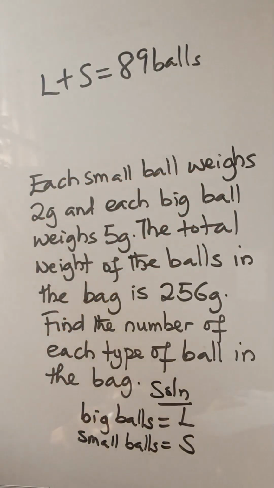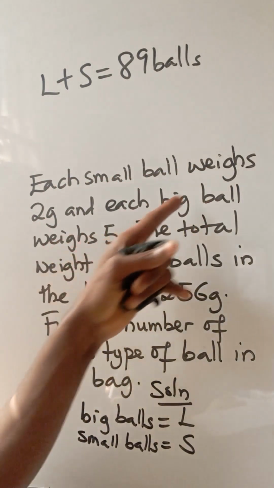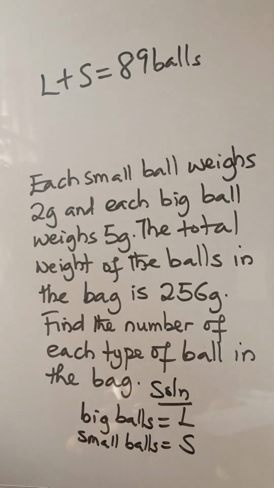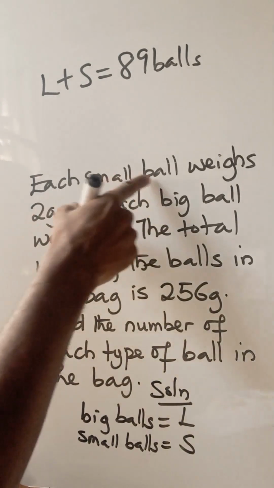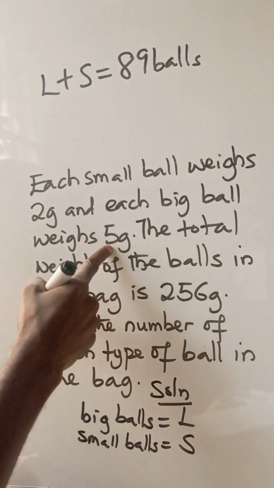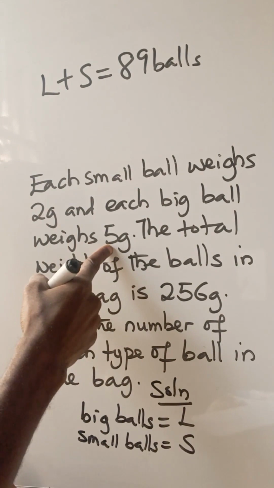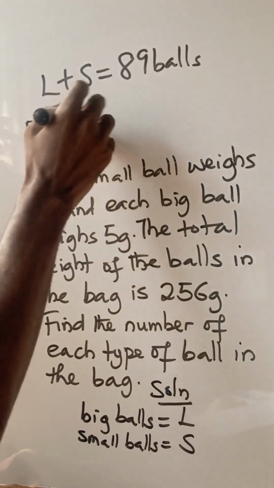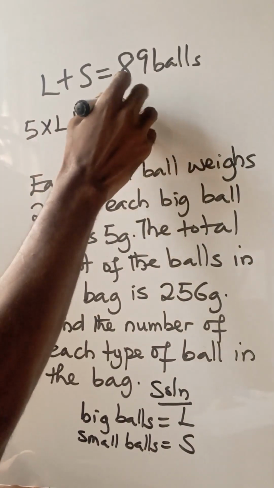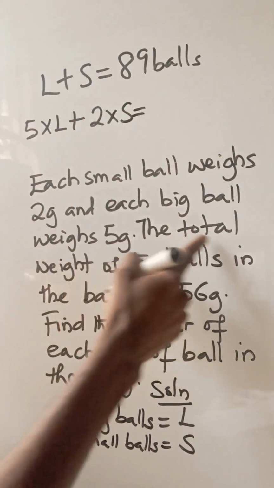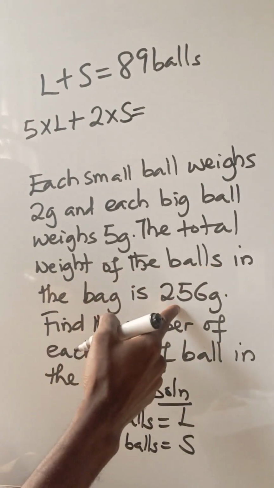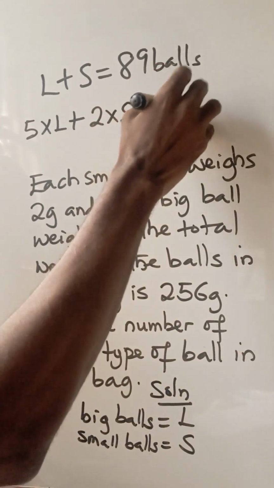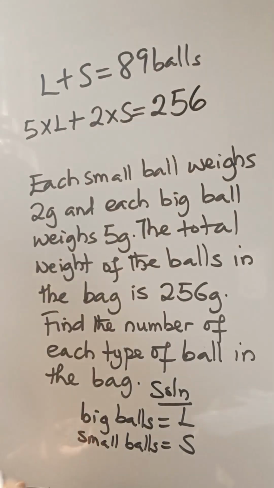Now, each small ball weighs 2 grams and each big ball weighs 5 grams. So 2 grams for the small ball and 5 grams for the big balls. So we can write it like this: 5 times L plus 2 times S. The total weight of the balls in the bag is 256.